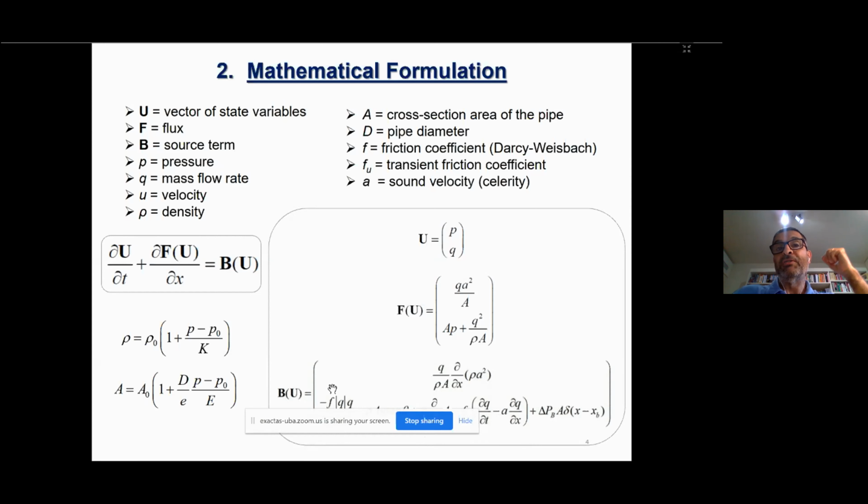This friction term is usually associated with fully developed flows, so it does not really take into account the transients. So this term here accounts for the transient friction, and it involves this parameter here, Fu, which is the transient friction factor.